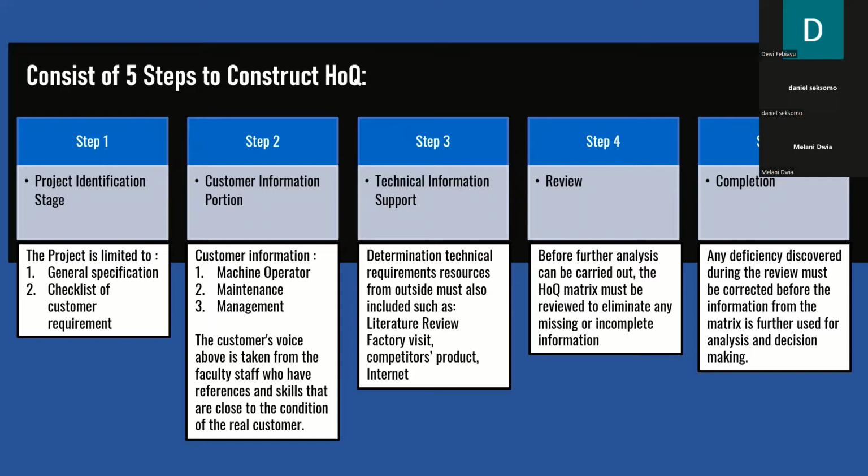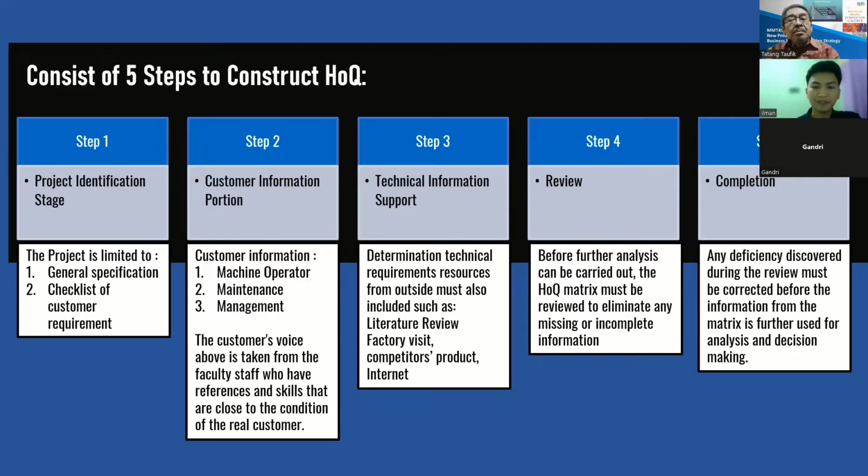The data is also taken from faculty staff who have references and skills that are close to the condition of the real customer. So this is not a real customer, but the condition is close to the real customer from the faculty itself.